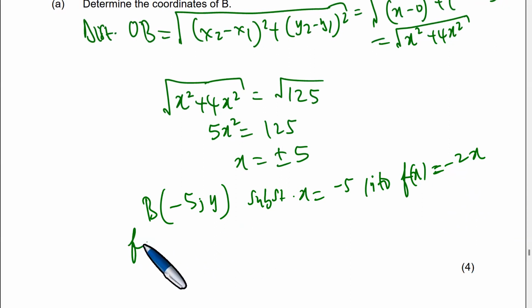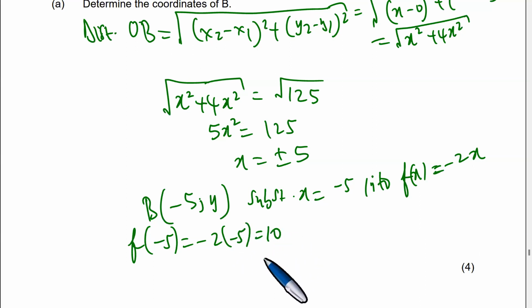X is minus 5, so minus 2 times minus 5 is 10. B will have coordinates minus 5, 10, like so.